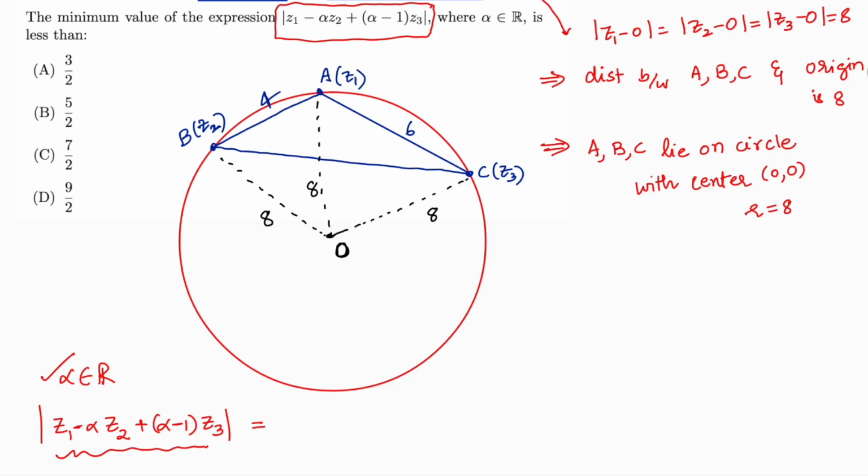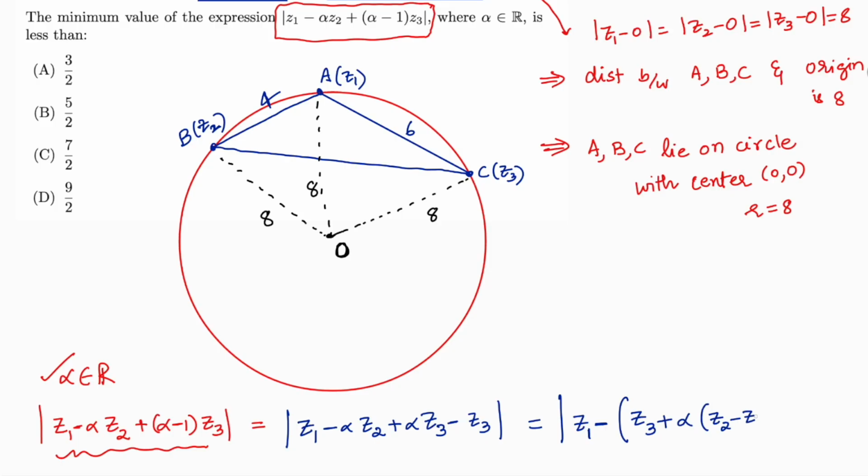So we can rewrite this as magnitude of z1 minus alpha z2 plus alpha z3 minus z3. This is magnitude of z1 minus, if I take minus common, z3 plus alpha, let's take common, what we get? z2 minus z3.